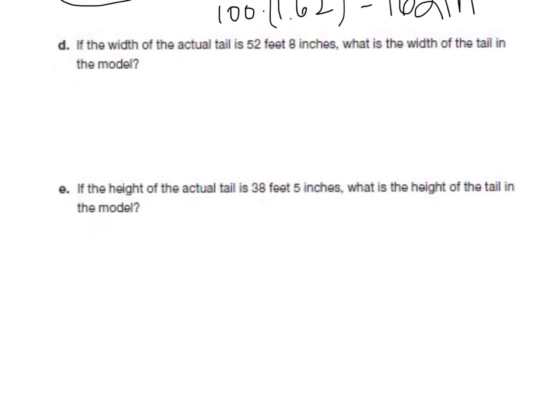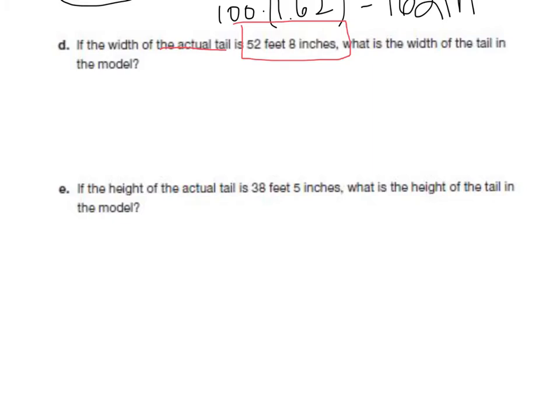If the width of the actual tail is 52 feet, 8 inches, what is the width of the tail on the model? Well, this time they gave us the actual, so there's a change, but they also gave us 52 feet, 8 inches. When we're doing math, we can't deal in both feet and inches at the same time, so we need to convert feet to inches or inches to feet.